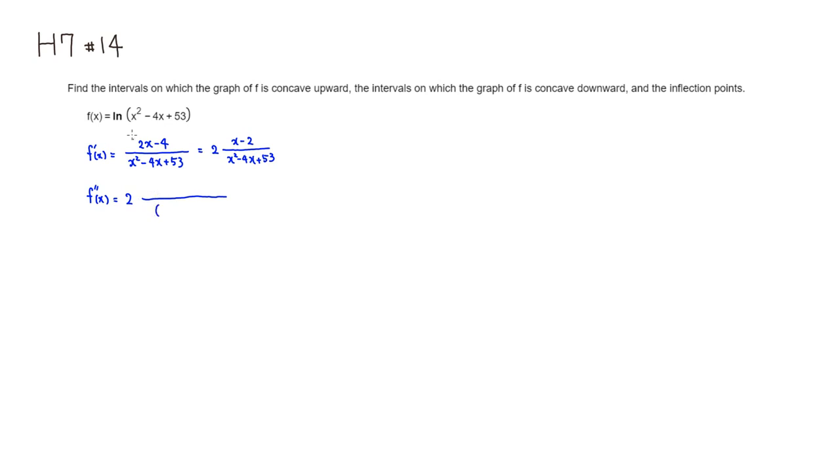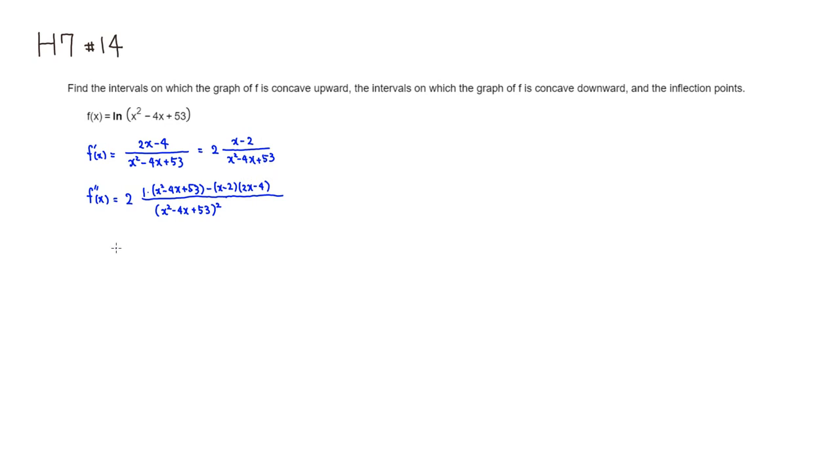I'm going to square the denominator, so you have x squared minus 4x plus 53, squared. Then the derivative of the top is 1 times the denominator, x squared minus 4x plus 53, minus the top, x minus 2, times the derivative of the bottom, which is again 2x minus 4.